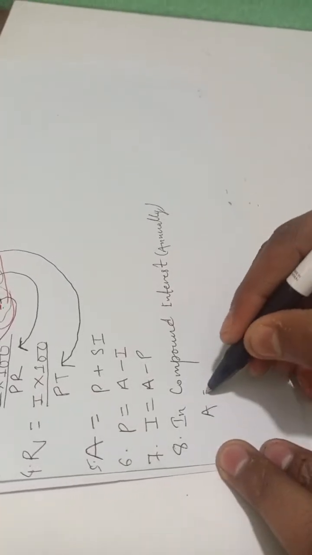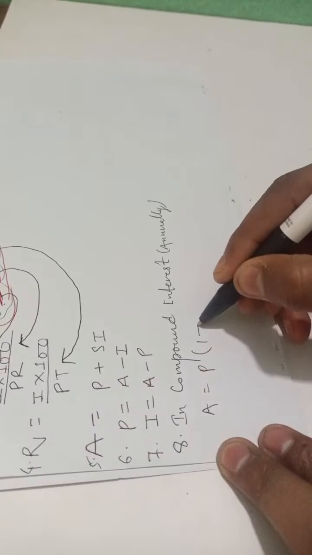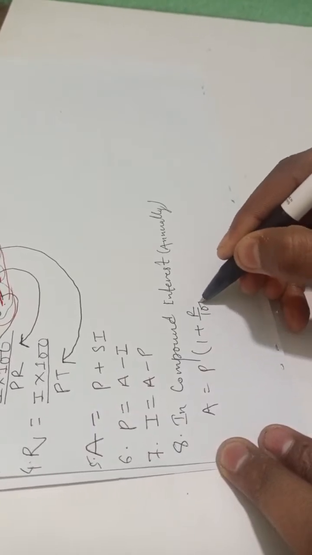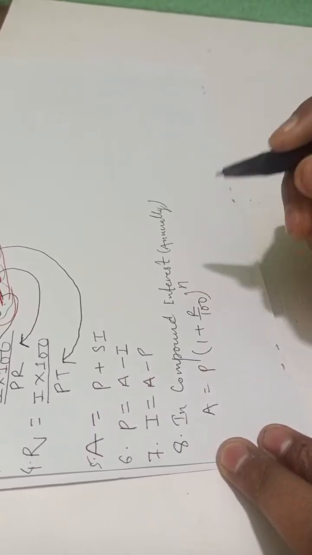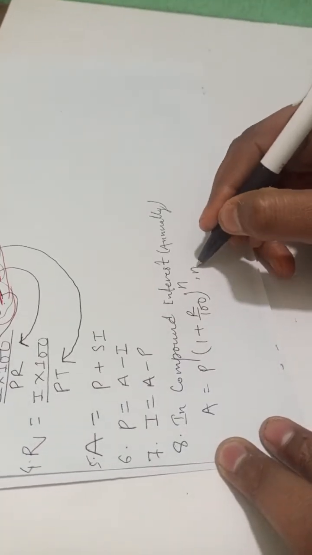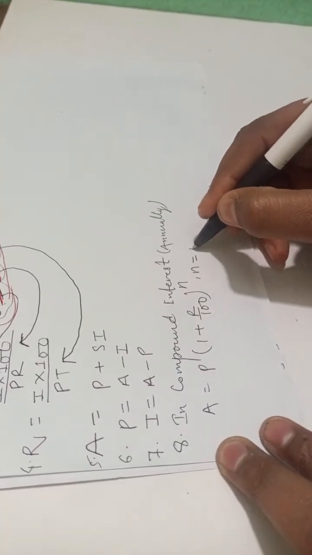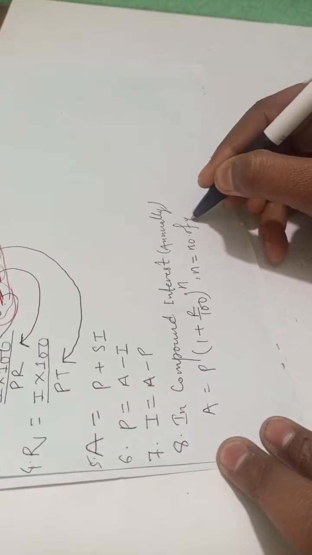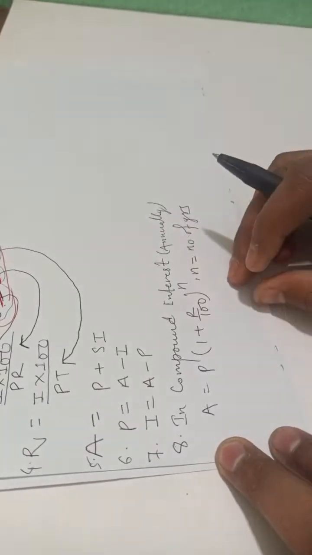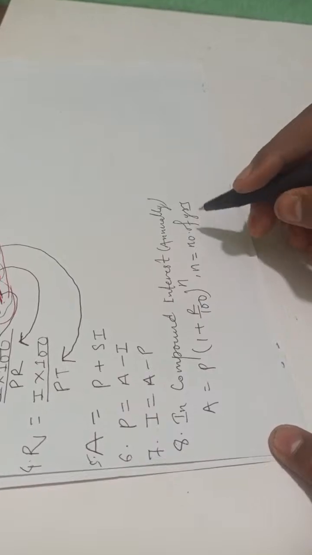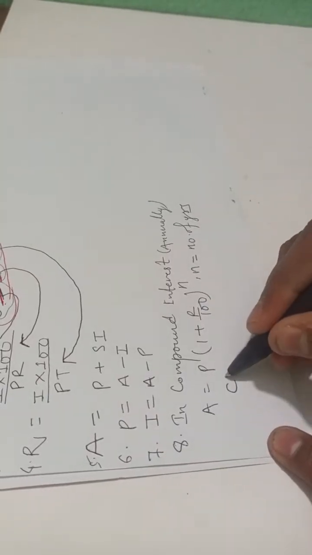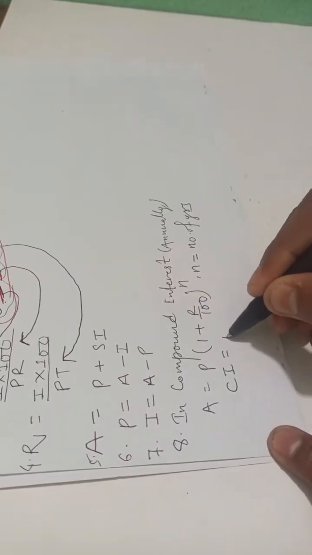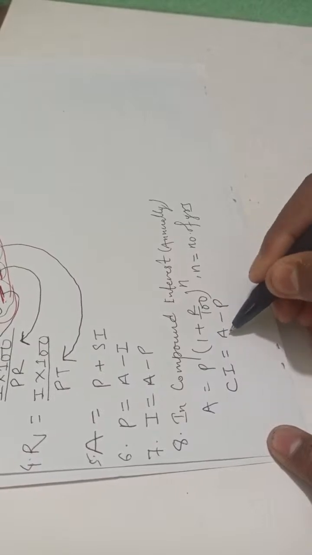A is equal to P times (1 plus R by 100) to the power n, where n means number of years, and compound interest CI is equal to A minus P. You have to understand.